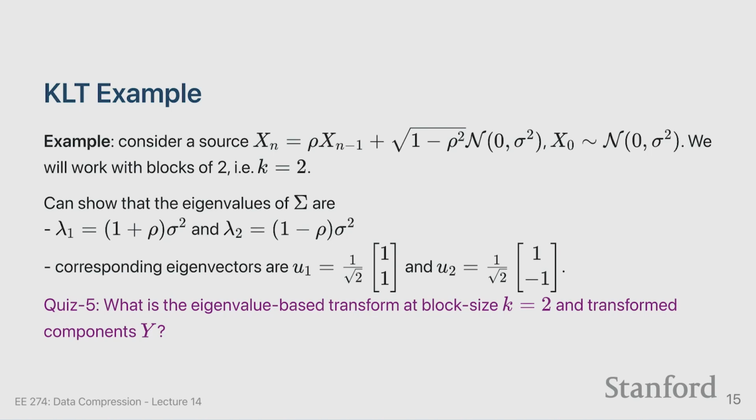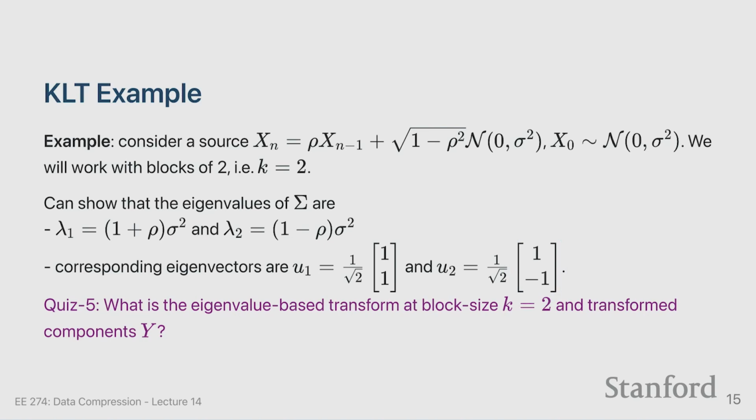And then you can also work out the corresponding eigenvectors. The eigenvector corresponding to the first eigenvalue is 1, 1, so it's basically putting equal weight on both components, and the one corresponding to the second is 1, minus 1.